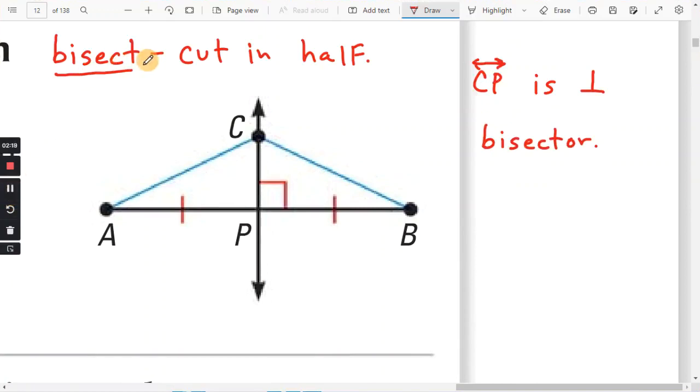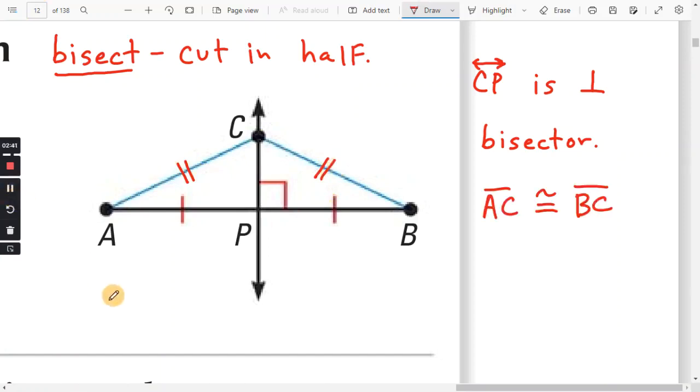If you recall, bisect means to cut in half, and as a result, you can take any point on this line and it's going to be the same distance to A and the same distance to B, basically the same distance to the endpoints. So AC is congruent to BC.